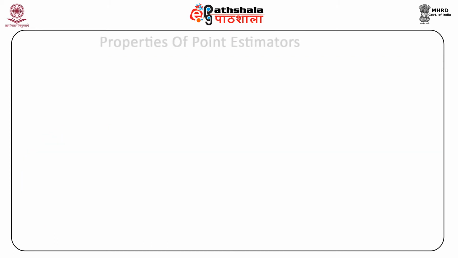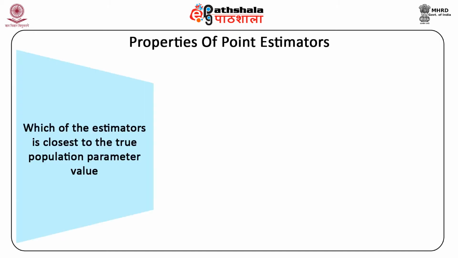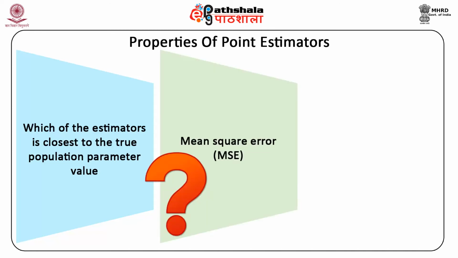This discussion on the existence of more than one point estimator of a population parameter brings forth the following question. Which of the estimators is closest to the population parameter value? One way to answer this question is by using the mean square error, MSE.